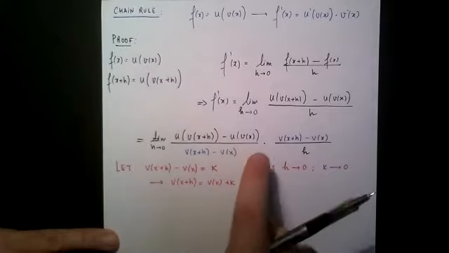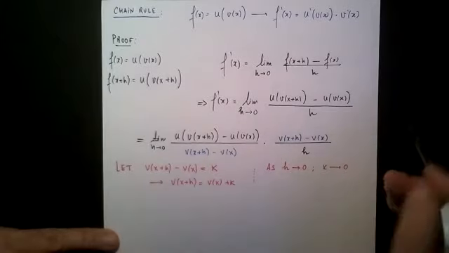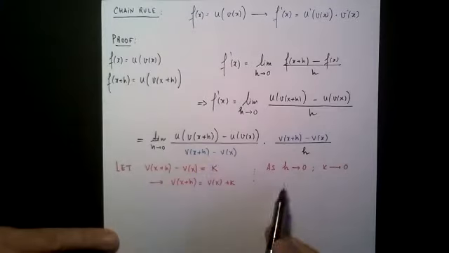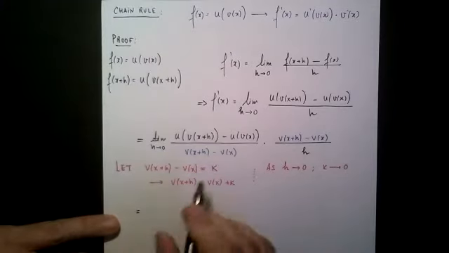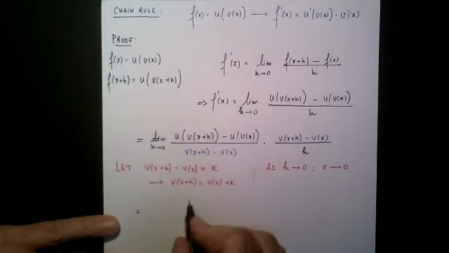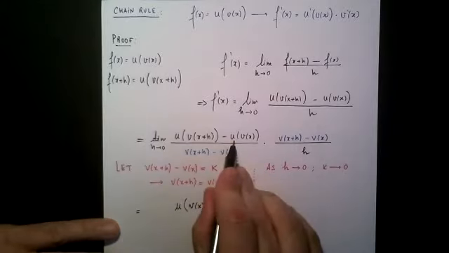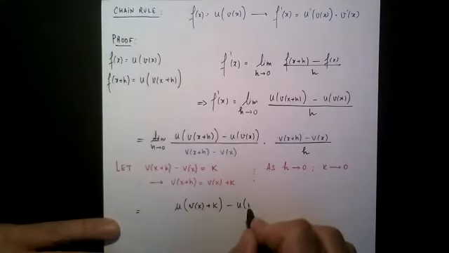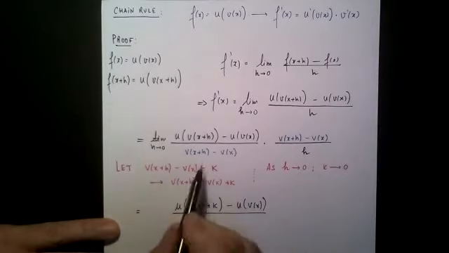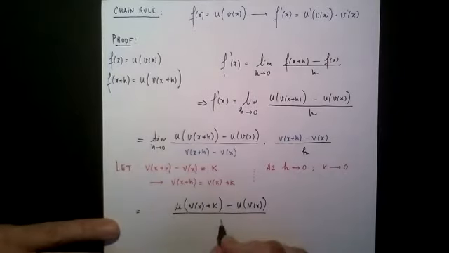Okay, so now I'm going to go back to this and replace with what I did here. So equals, my first fraction will be u of, so v of x plus h is v of x plus k, minus u of v of x, and then divided by, and the bottom, we said we call this k.